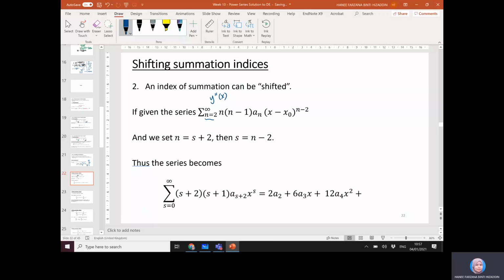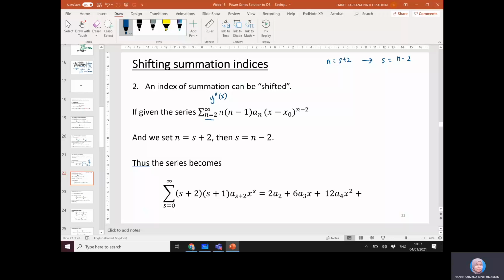So here the series starts from n equals 2, but let's set n equals s plus 2, so s equals n minus 2. What we want to do here is make the series start from 0, so we want to shift the index of the summation. So we substitute n with s plus 2, and s is n minus 2.